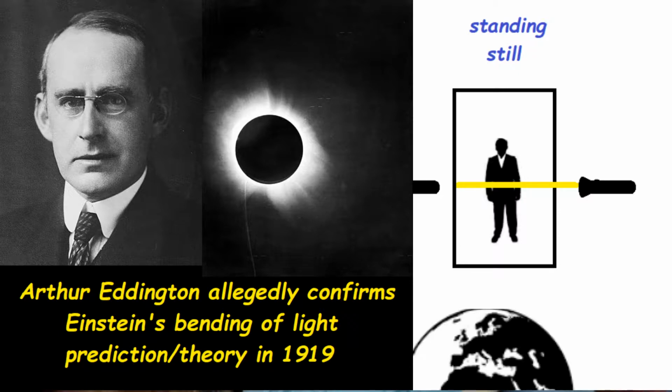He was able to show that light from a distant star came around the sun, thus confirming Einstein's prediction and theory that light curves around massive objects. In this case, we have the moon blocking out the sun, and still we can see the light of a distant star curving around the sun. That's essentially what that is supposed to show. And so with that confirmation, Einstein became an instant celebrity. His theory was confirmed.